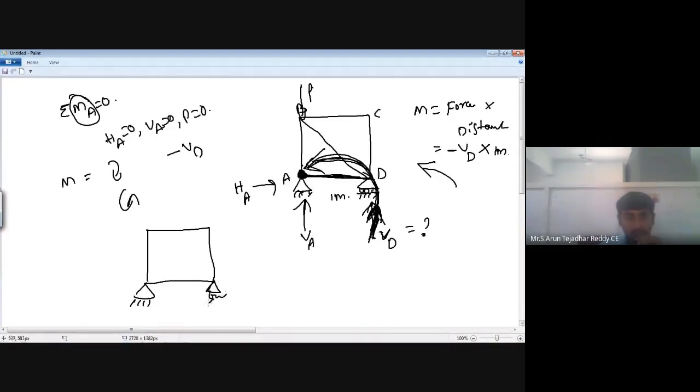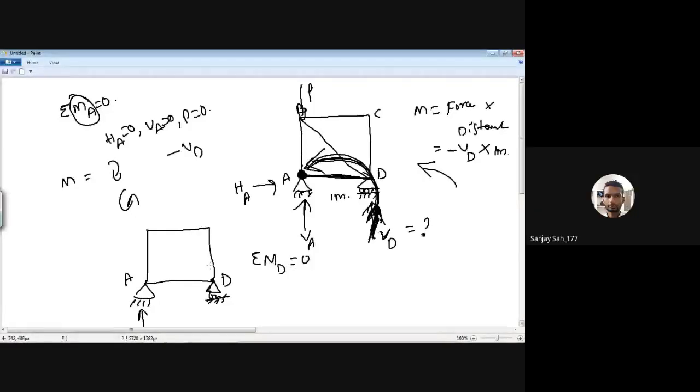Same example. Now take moment at D is equal to 0. Are you listening?